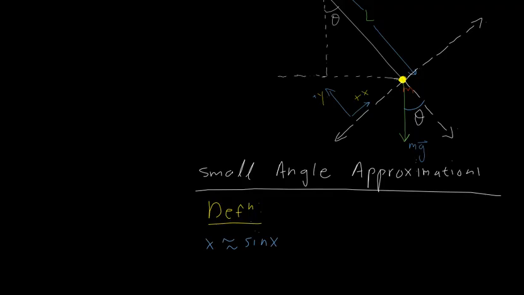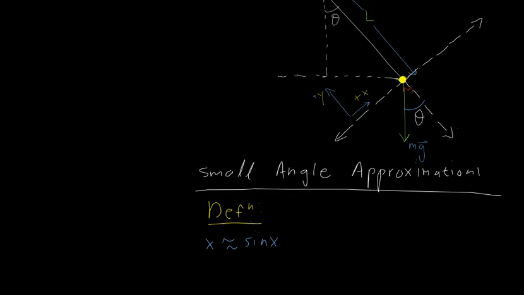I'm not going to go into it in detail, but it has very interesting applications in physics. One of the applications is in oscillations, like simple harmonic motion, if you take physics classes, and also waves.